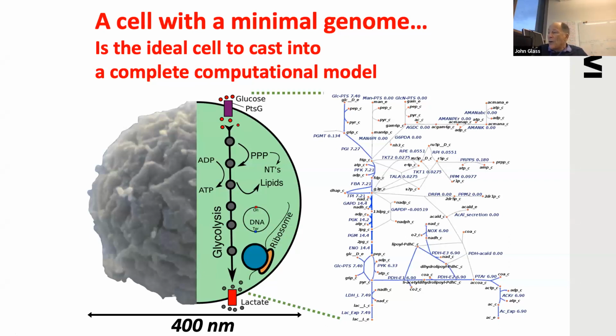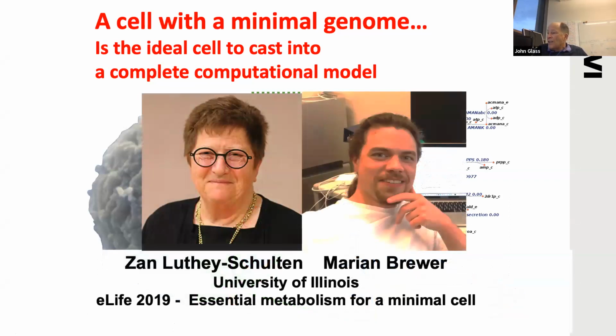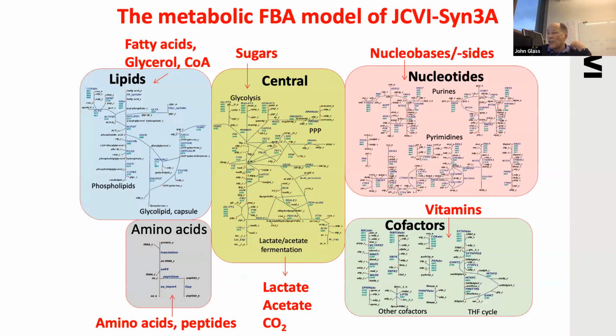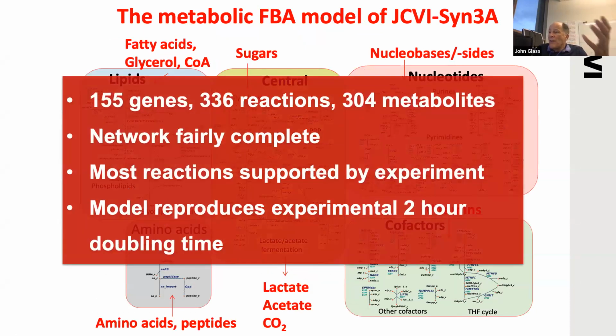A few years ago, we published a model made by now scientists at Maastricht University in the Netherlands, Marian Breuer and Zan, this whole cell flux balance analysis computational model that takes into account everything that at the time we knew about the minimal cell, 155 genes.